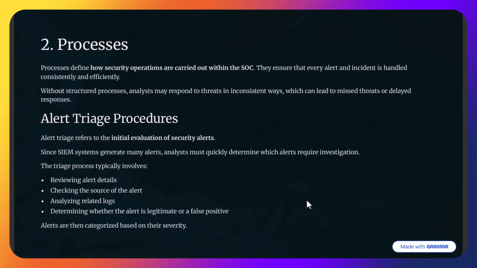The triage process usually involves reviewing alert details, checking the source of the alert, analyzing related logs, determining whether the alert is legitimate or a false positive. Alerts are then categorized based on severity levels.